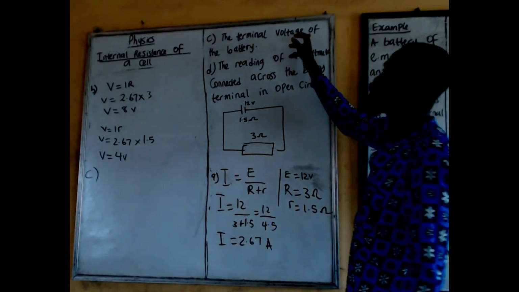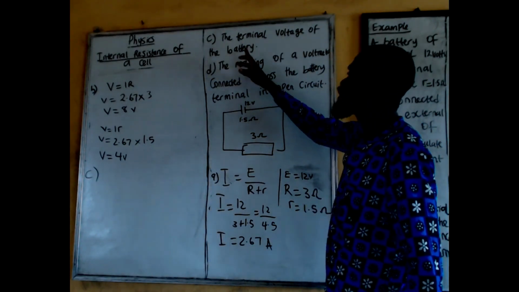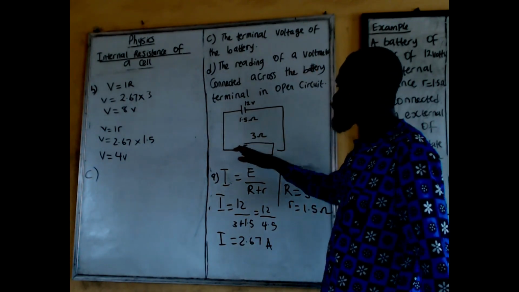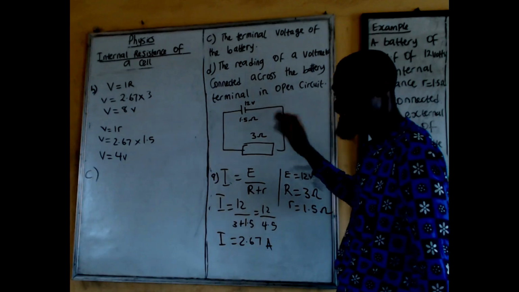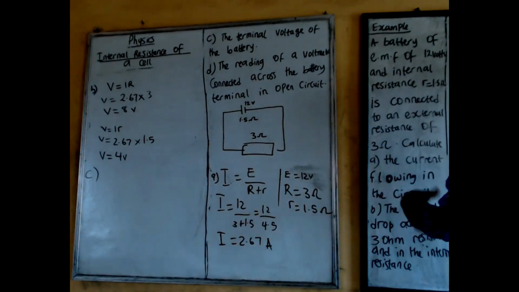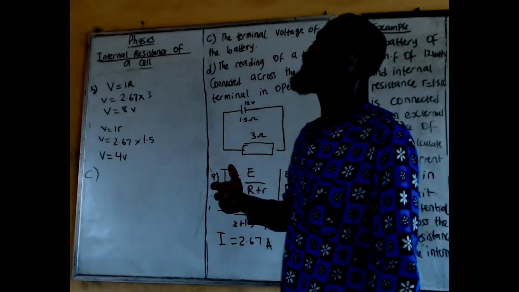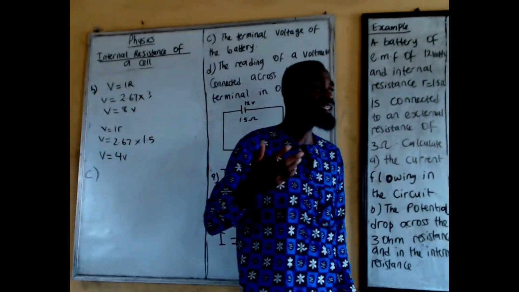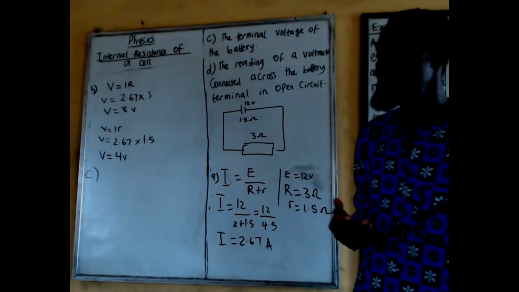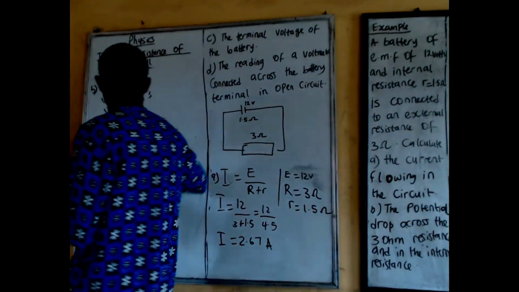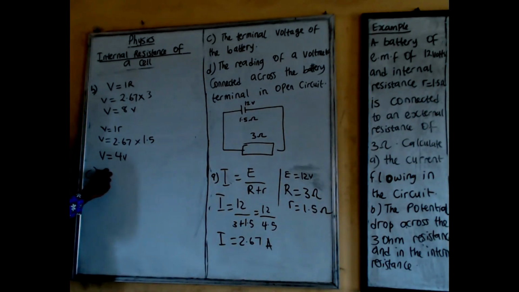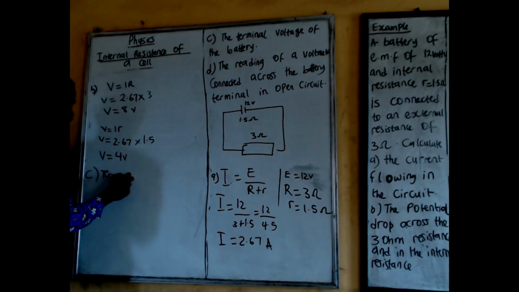The terminal potential difference is the potential difference across the external resistance. So this is what we have calculated. We just write it as terminal voltage equals 8 volts.